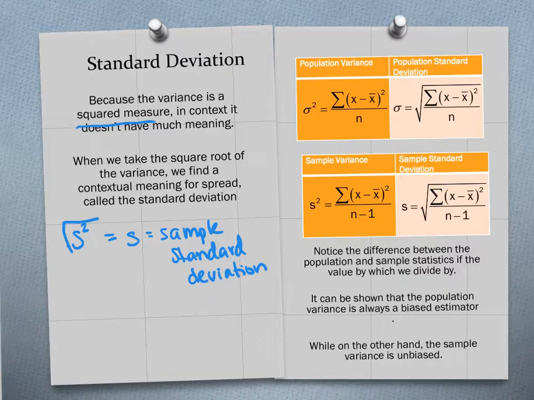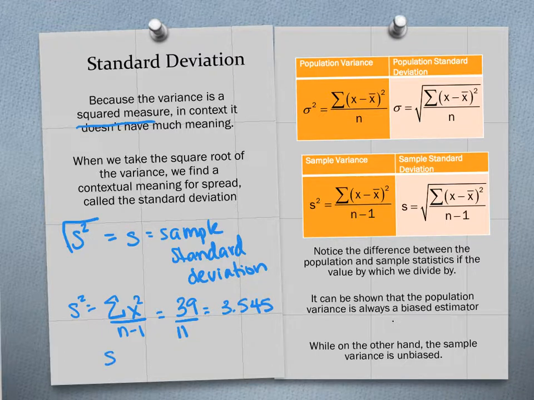Remember, s squared was equal to the sum of x squared divided by n minus 1, or in our case that was 39 divided by 11, which was 3.545.